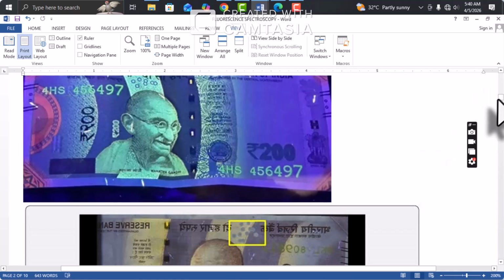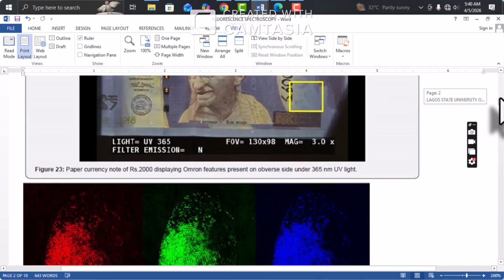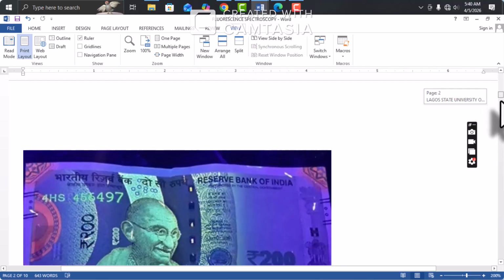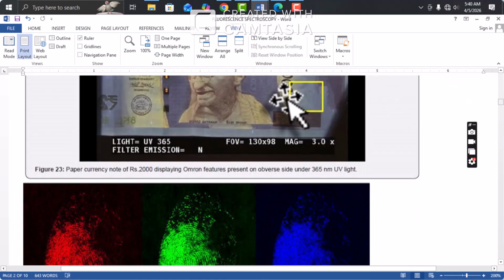Now this is fluorescence, because once you remove the UV light and it goes under white light, this glow disappears. You will not see this color again. You can see the difference. The difference there is the fluorescence.